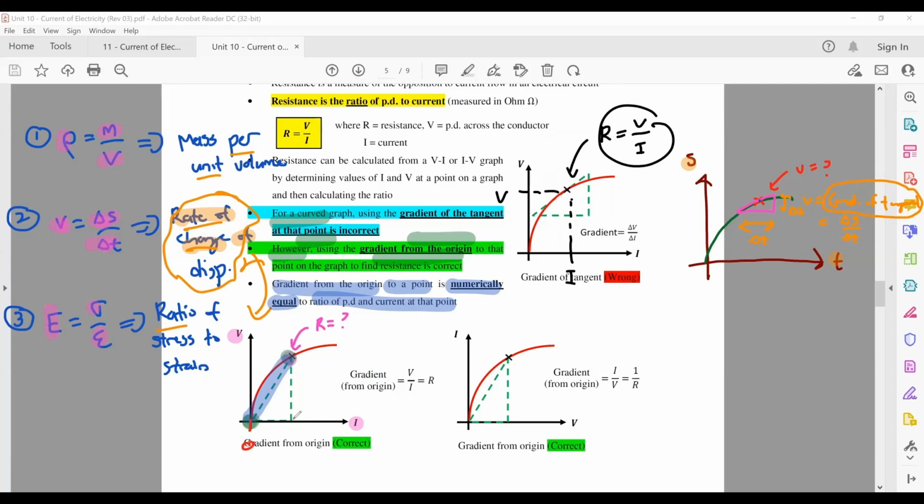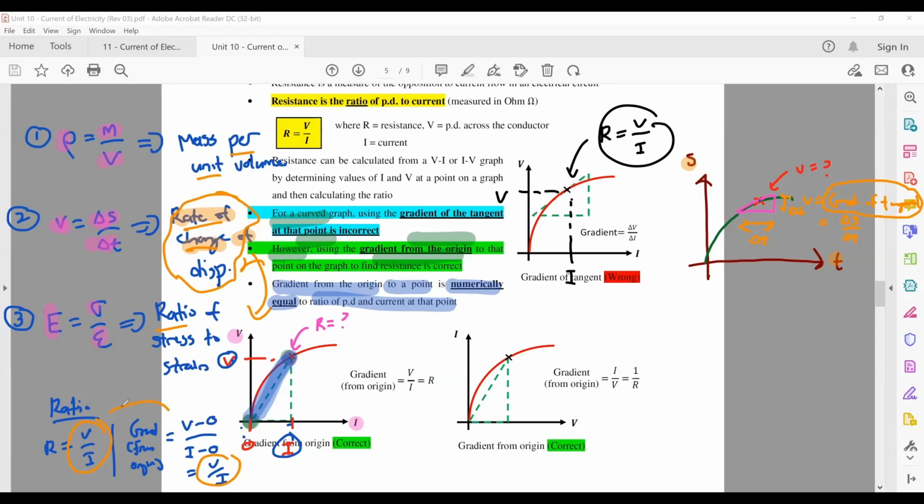This one is 0, and then this one is I, and then this one here is V. Now, if I want to find the gradient of the origin here, if I say just by using ratio itself, R is V divided by I, the value of V that I have here divided by I. Okay, but if I use gradient from origin, notice that it will be V minus 0 and then I minus 0, which in the end gives you V over I. You notice that this one is actually the same as this.